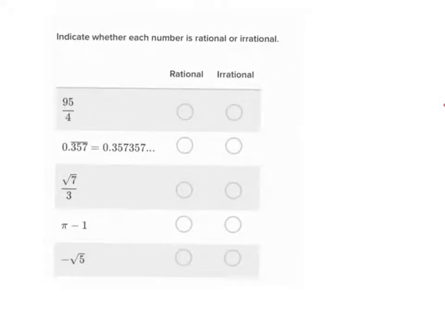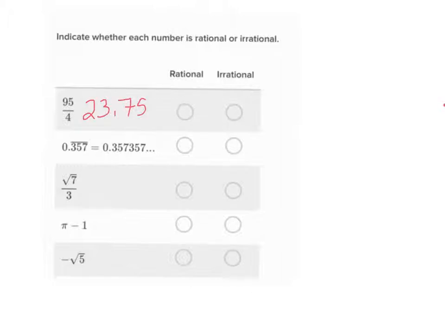So let's look at this. All right? So this question says, indicate whether each number is rational or irrational. So let's type 95 over 4 in our calculator. And when we do, we get 23.75.